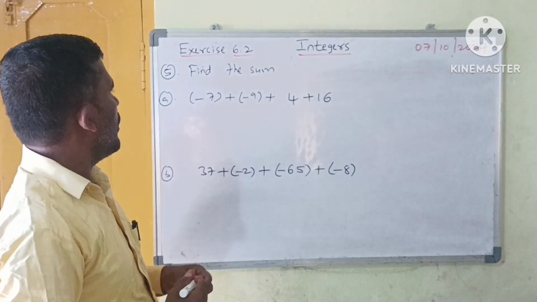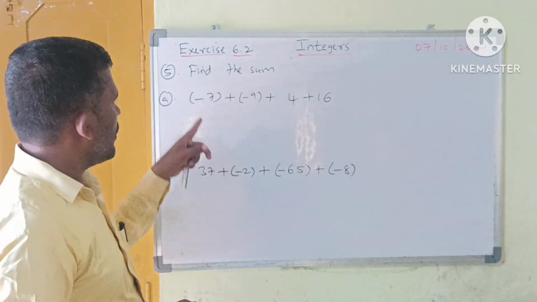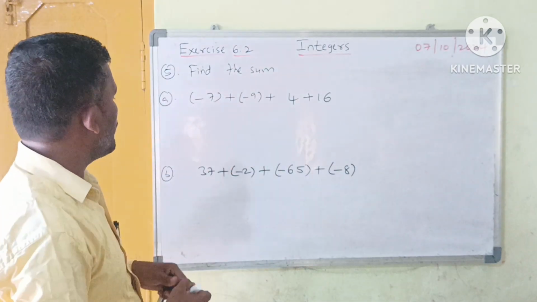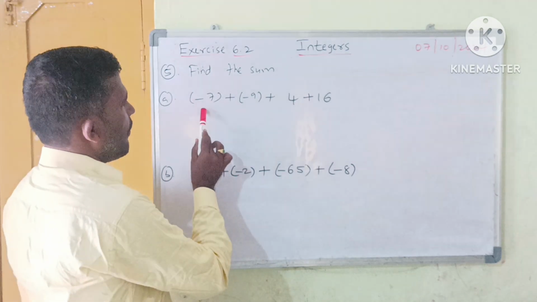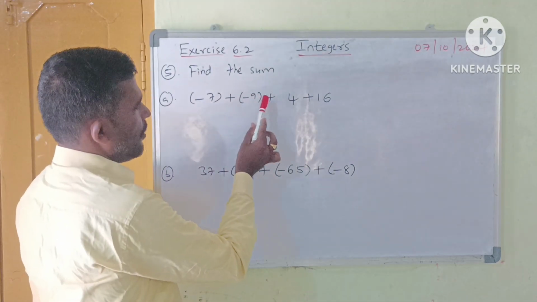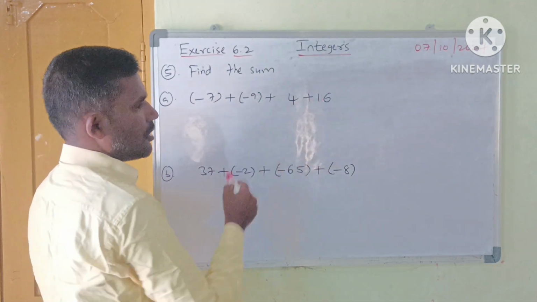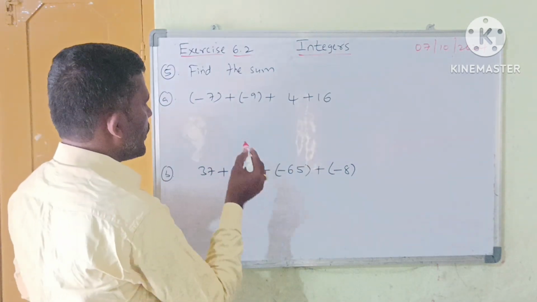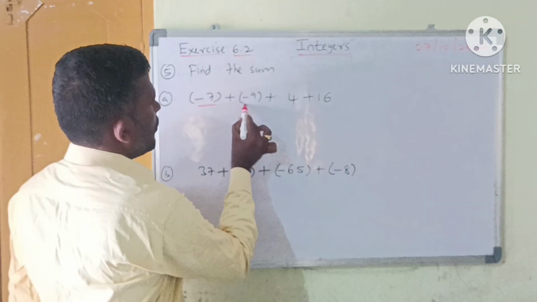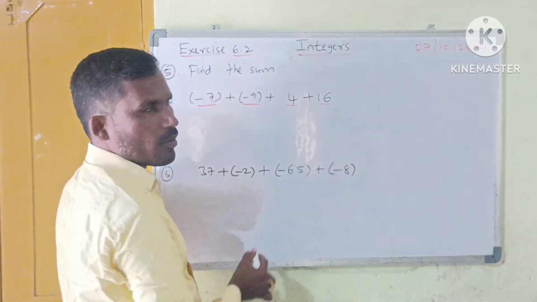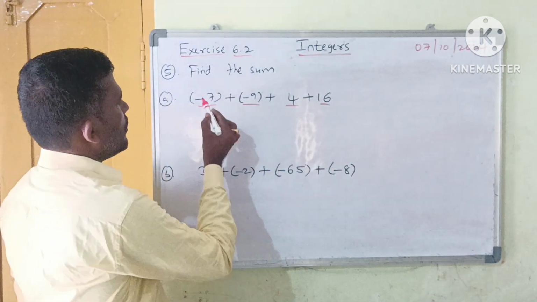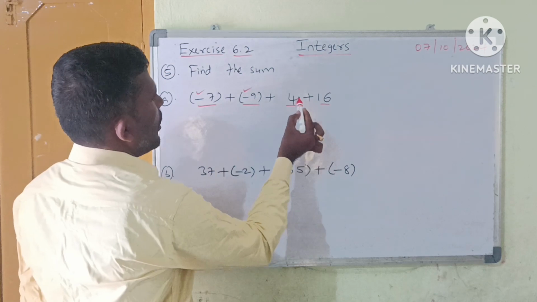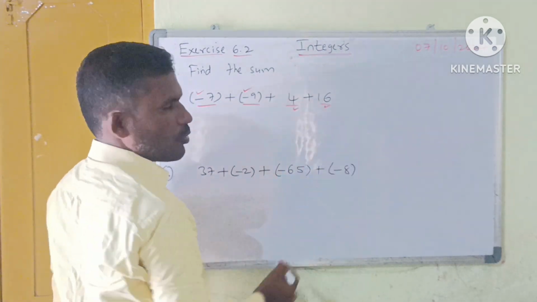Okay. Next, fifth column. Find the sum of minus 7 plus minus 9 plus 4 plus 16. In the given column, we have 4 integers: 1, 2, 3, 4. By observation, 2 are negative and 2 are positive.